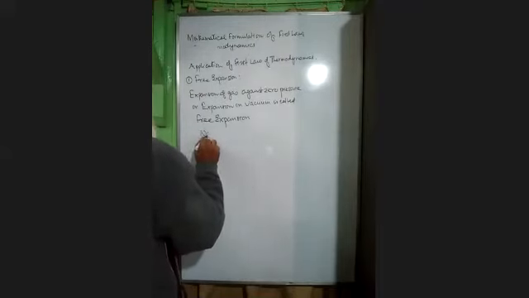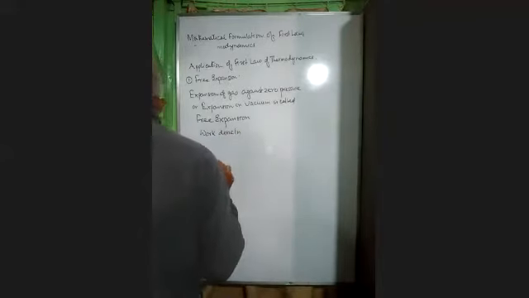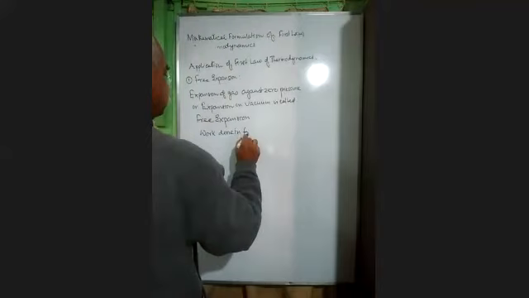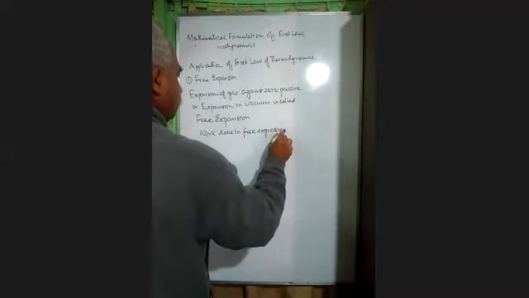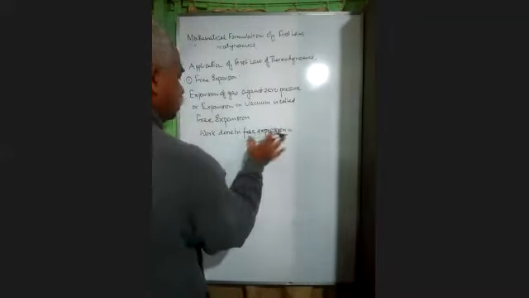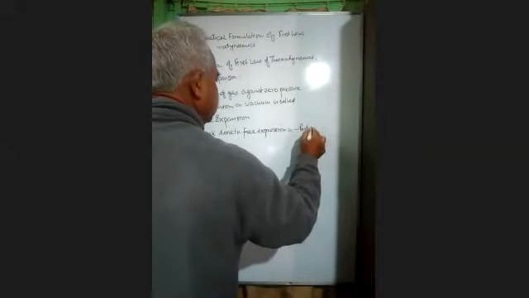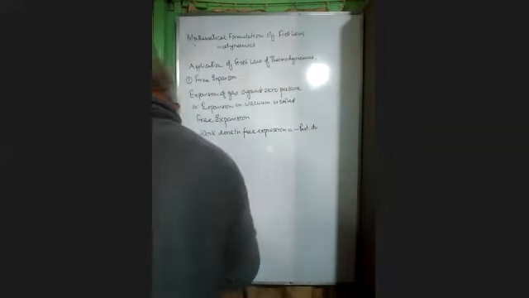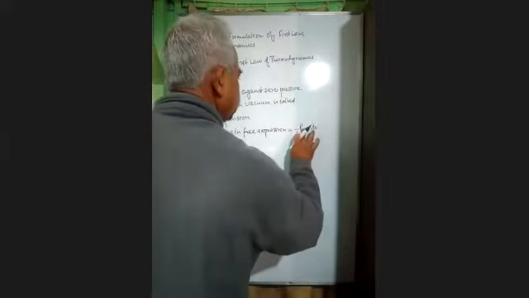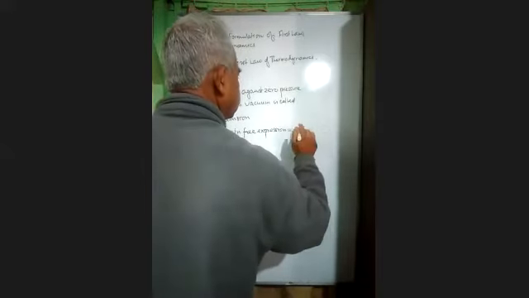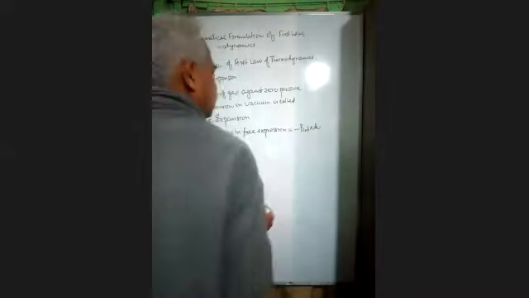Now, work done in free expansion. See, expansion means work done by the system. So it is called P external delta V. No, it will not be P external, it will be P internal delta V because pressure inside is more.